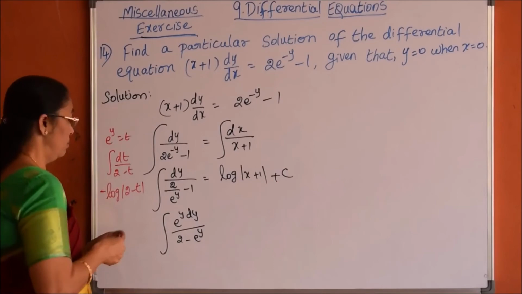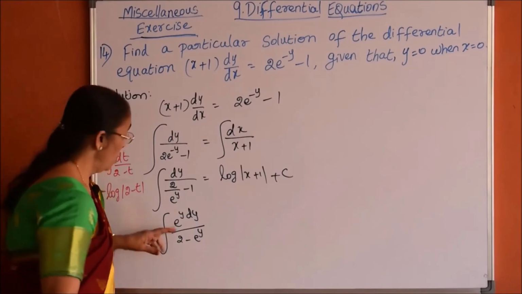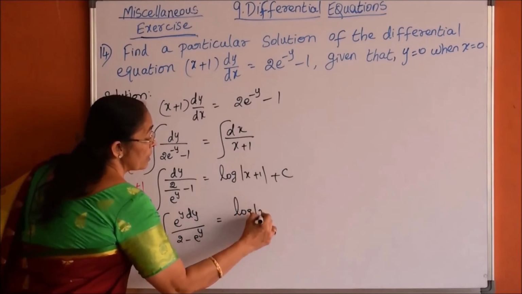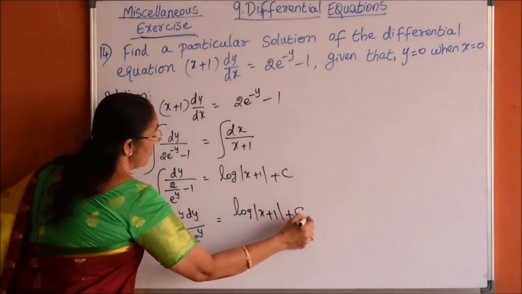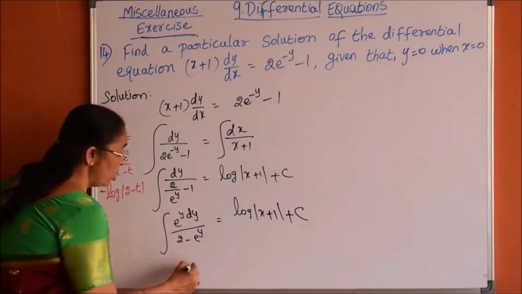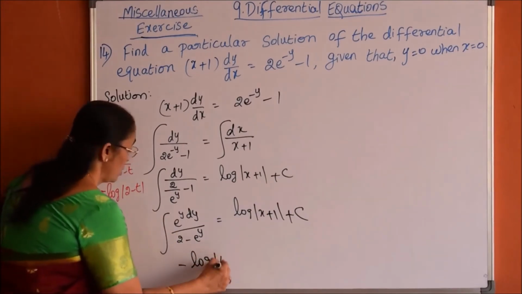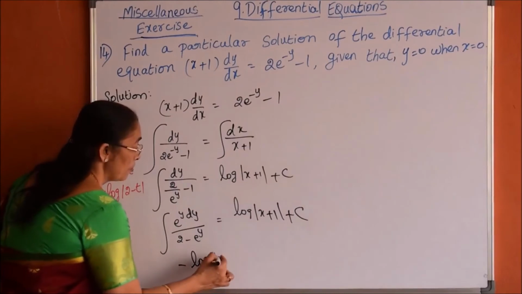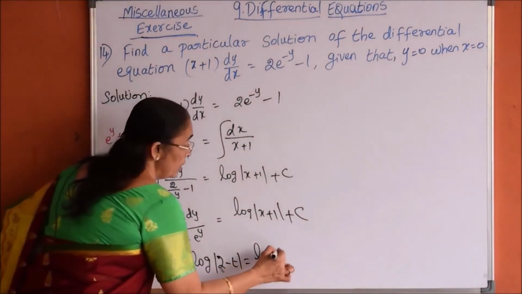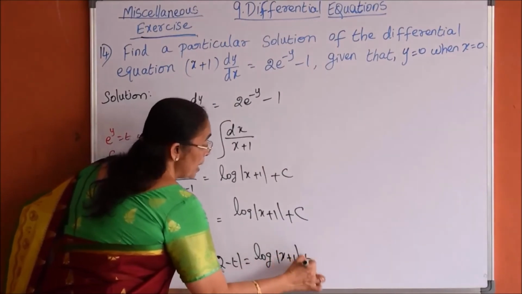So this right hand side is log mod x plus 1 plus c. So our left hand side, minus log mod 2 minus t, is equal to log mod x plus 1 plus c.